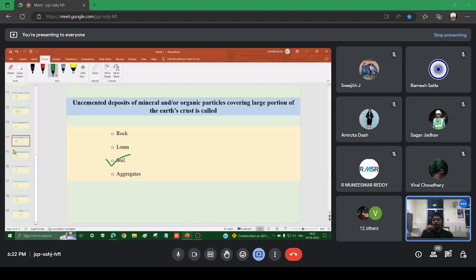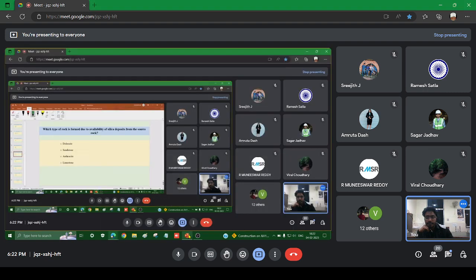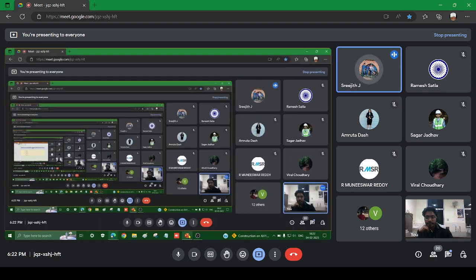Next question. Which type of rock is formed due to availability of silica deposits from the source rock? Anyone? Sir, I have a doubt. Is it sandstone?